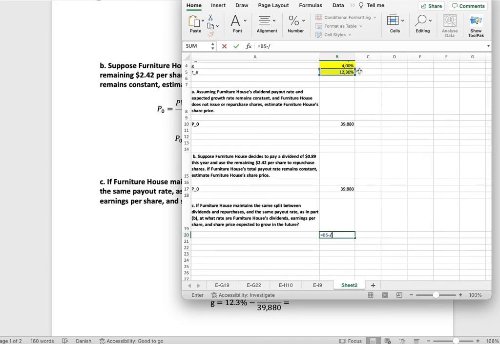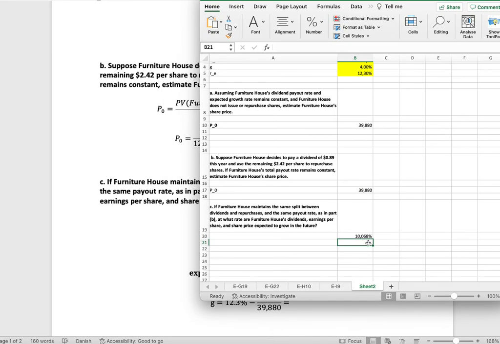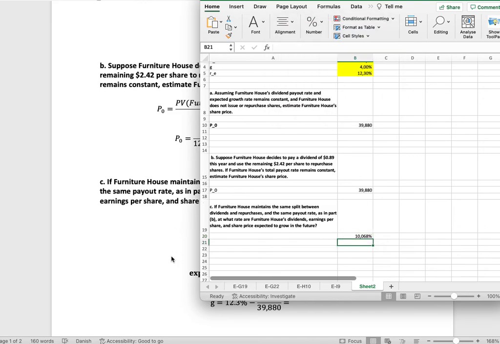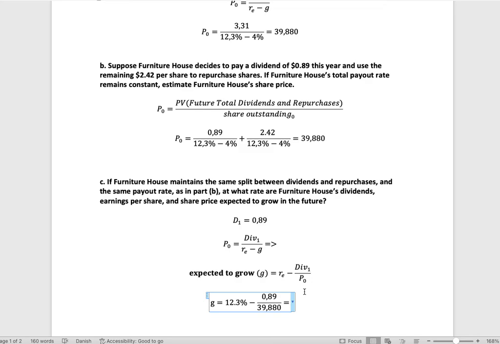Boom. 0.89 divided by the stock price, and we would expect to have a growth rate of 10.068%.